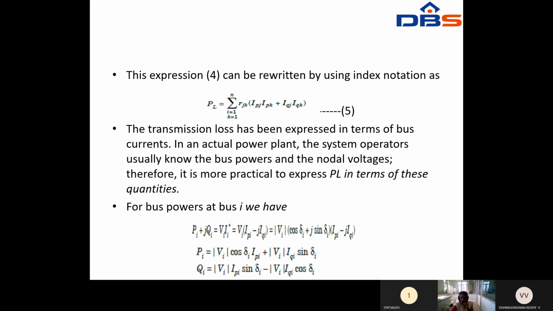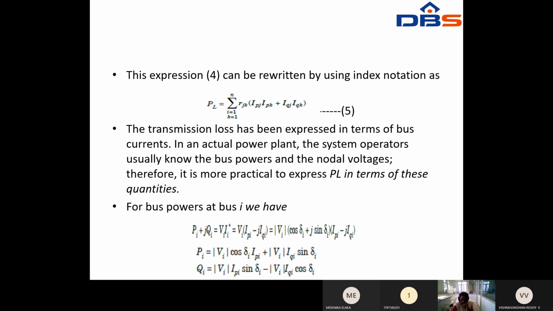In an actual power plant, the system operators usually know the bus powers and the nodal voltages. Therefore, it is more practical to express PL in terms of these quantities. So for bus powers at bus I we have PI plus j QI equal to VI II star, equal to VI into IPI minus j IQI, that is equal to VI, taken as common, into cos delta I plus j sin delta I into IPI minus j IQI.